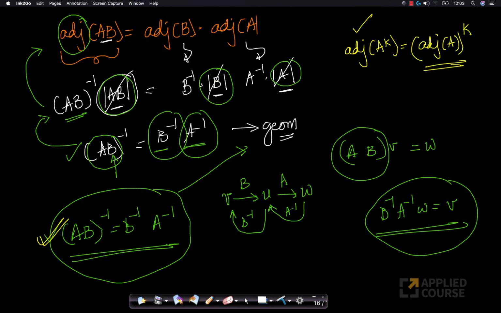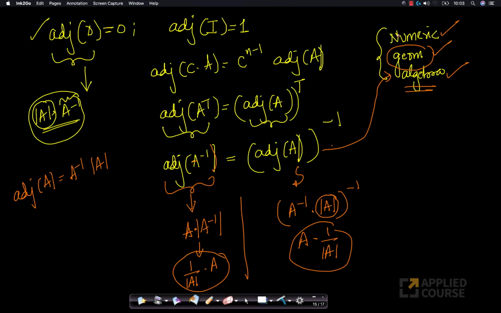Okay. So these are some of the key properties, and I've shown you all three approaches and mixtures of these approaches, where some of them are easy to prove numerically, some geometrically, some algebraically. You have to practice enough to understand which of these three you can actually employ given a problem.